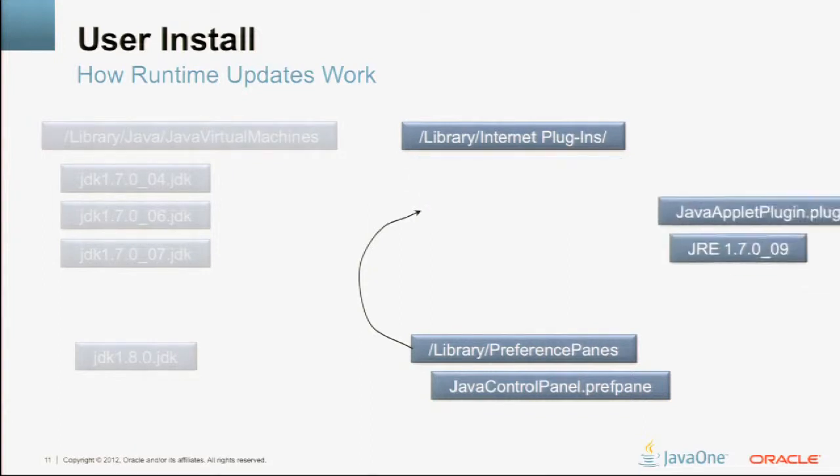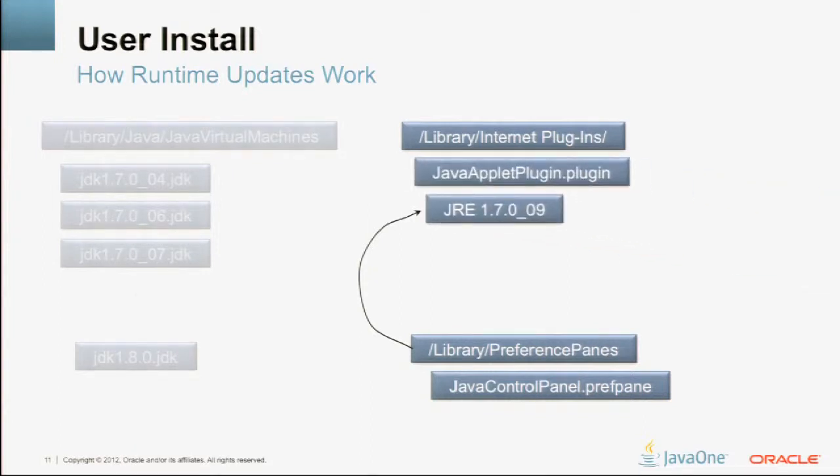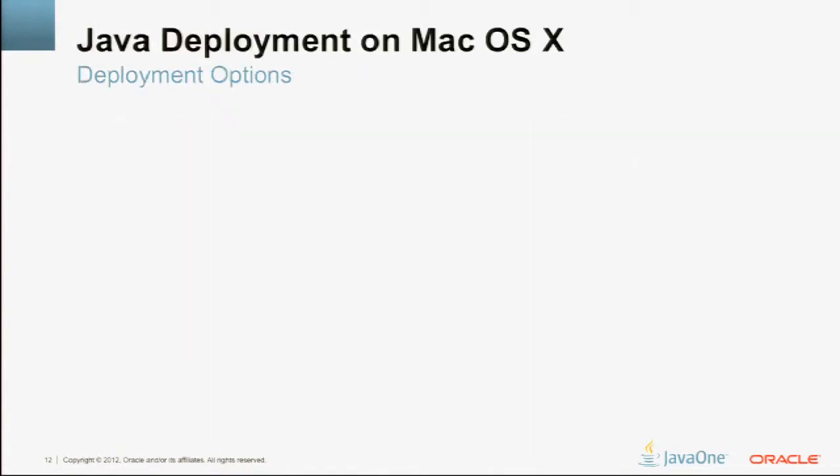When an update comes out, we just slide in a new plugin and everything stays the same. We don't have to redo control panels or anything like that. We're just going to get a new version of JavaAppletPlugin.plugin. You're all good to go, and so on down the line. We can do this forever and a day. Unfortunately, I stopped at 3 versions of the JRE.